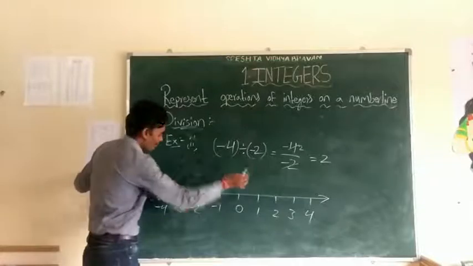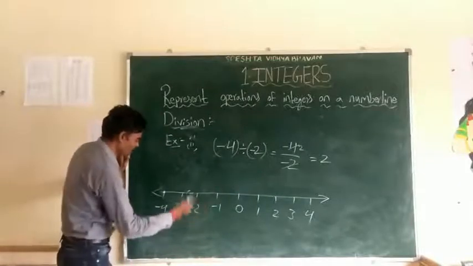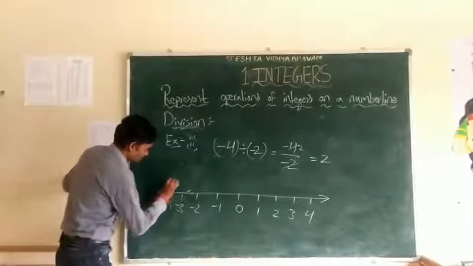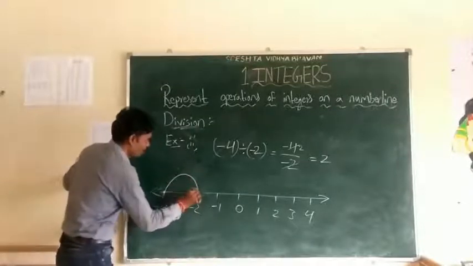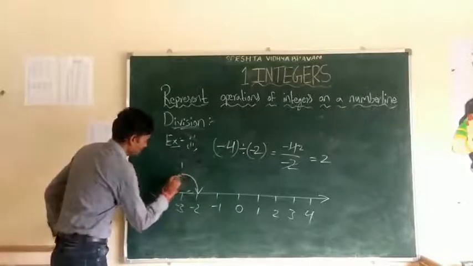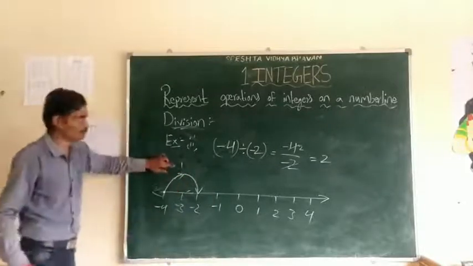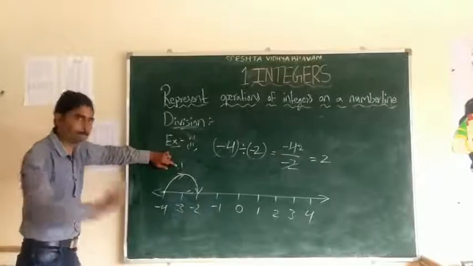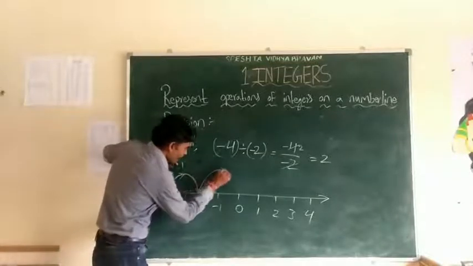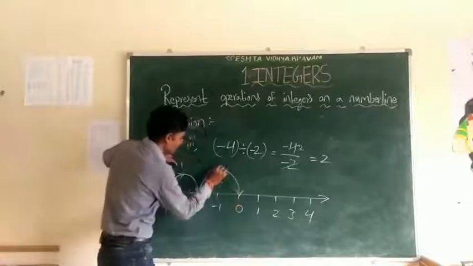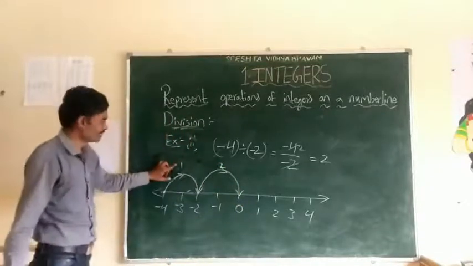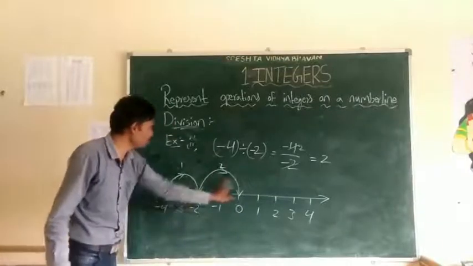How many? Minus 2. Minus 4, minus 2. That means 2 times, 1, 2. This is the first time. We are subtracting the minus 2, and the next we are subtracting the minus 2 another time. That means this is the second time. That's why we are subtracting 2 times.